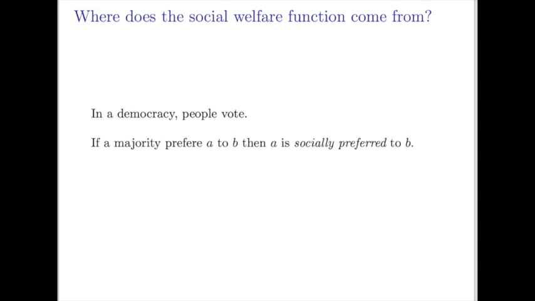So let's suppose a majority of people prefer policy A to policy B, and we say that then A is socially preferred to B. Now, the question is, would doing this for every pair of policies yield a well-defined social preference?